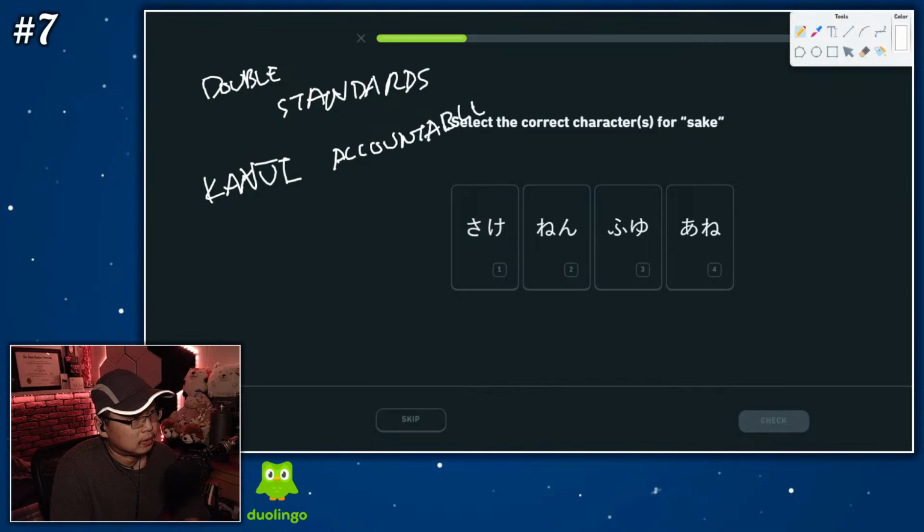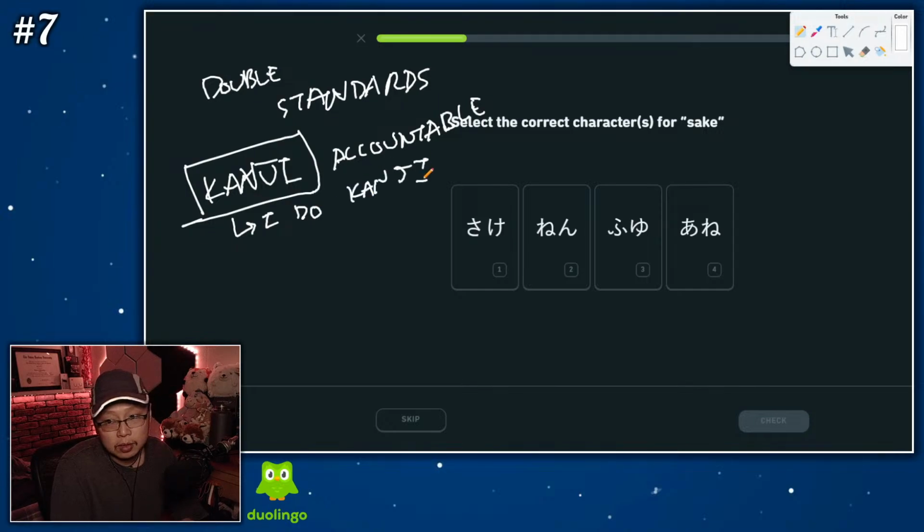It's called a double standard, right? So if someone wants to appreciate kanji, like I do, even though I know nothing, I do appreciate kanji, is also why I typically think it can be a big deal.